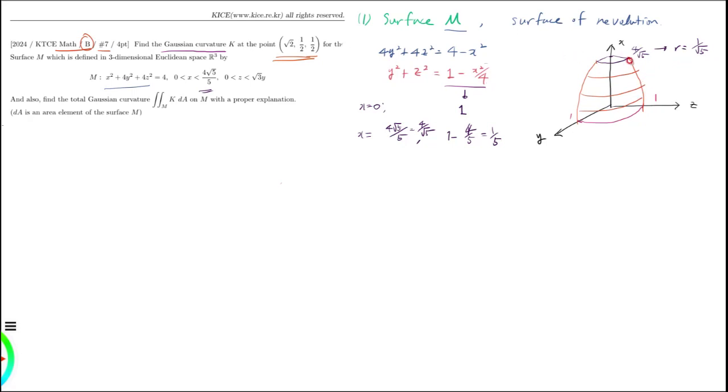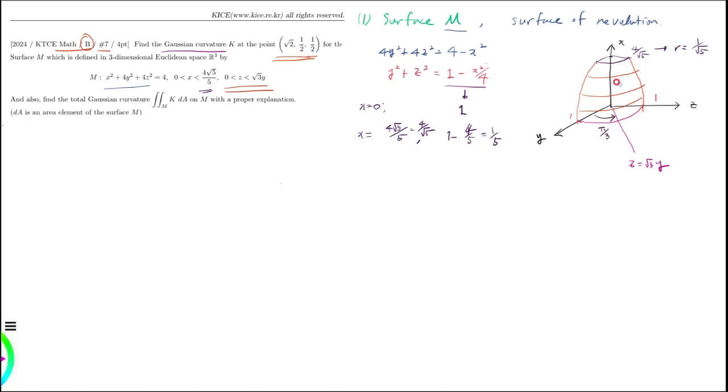Okay, actually it will cover the whole angle, but this restriction gives us a line of z equals square root of 3 times y, and the angle of this one is pi over 3.